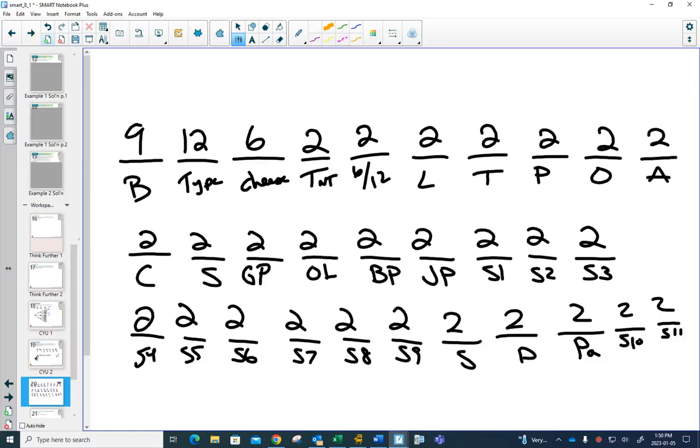We got 9 times 12 times 6 times 2 to the 27. If we type 9 times 12 times 6 times 2 to the exponent of 27 into our calculator, we get a result in scientific notation.